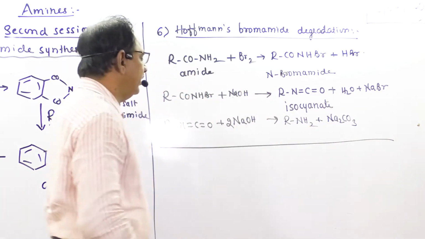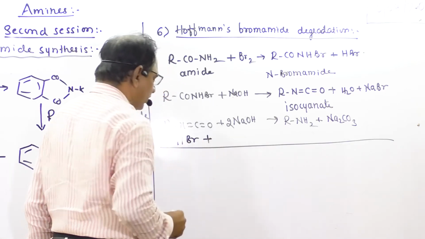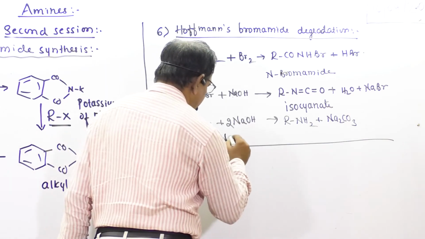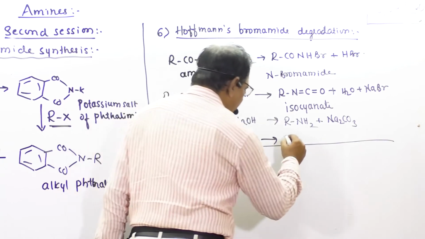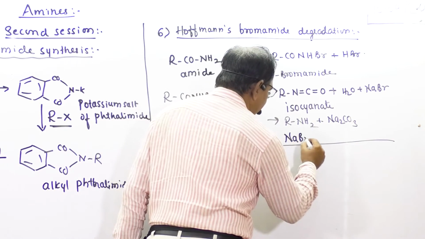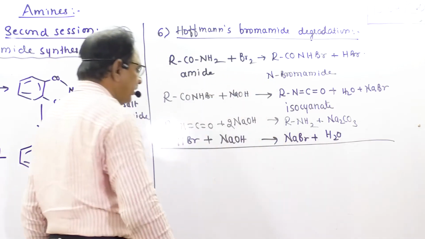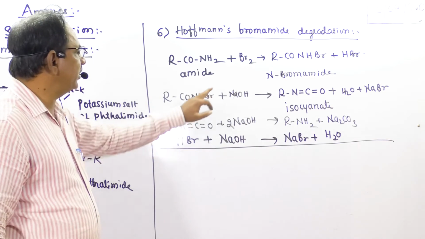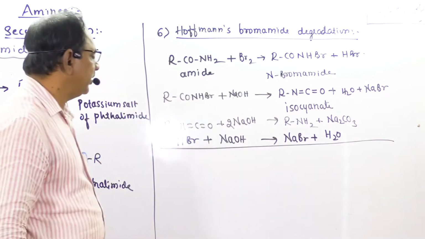This HBr is an unstable product, which is neutralized by adding NaOH to form NaBr plus H2O. So this NaOH is added to neutralize the hydrogen bromide eliminated during the first step, forming a salt.